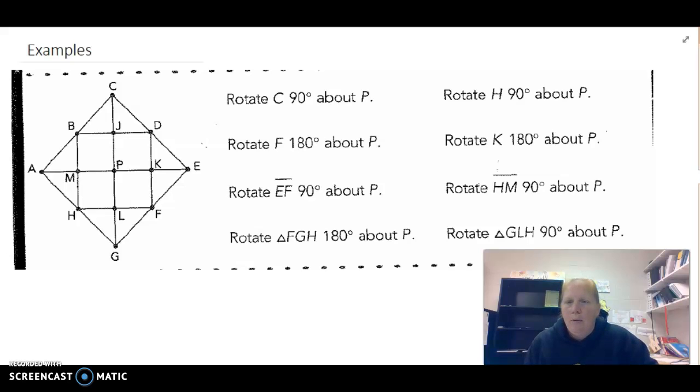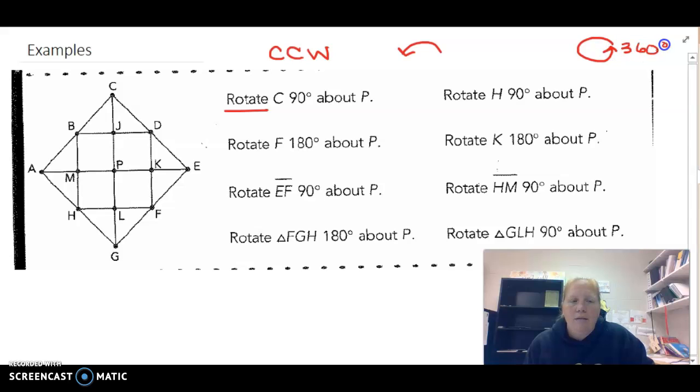Okay, now remember, when I say we rotate, we're rotating counterclockwise, unless it's stated somewhere that we're rotating it clockwise, which happens very, very rarely. Counterclockwise is this way. So let's think, if we rotate all the way around to the starting point, that would be 360 degrees.